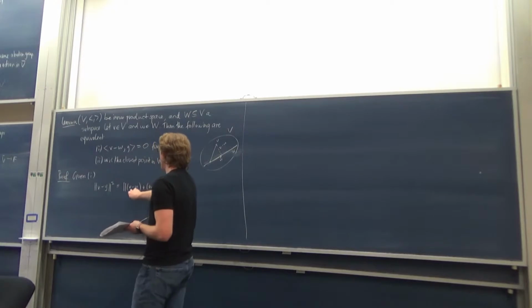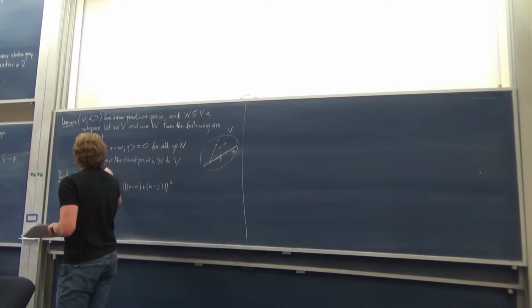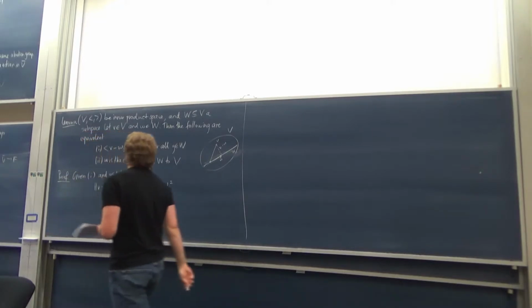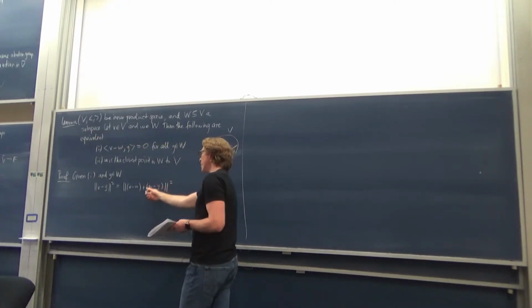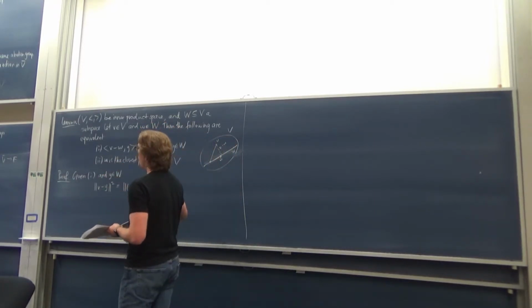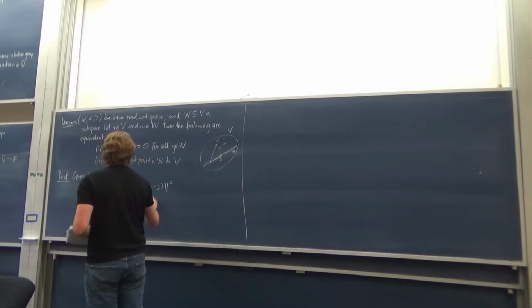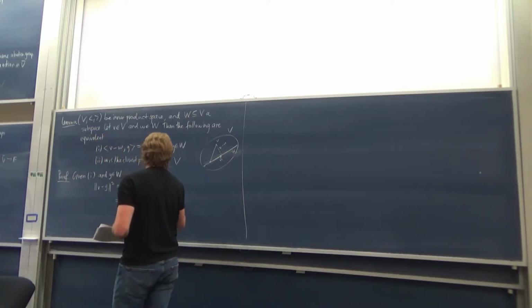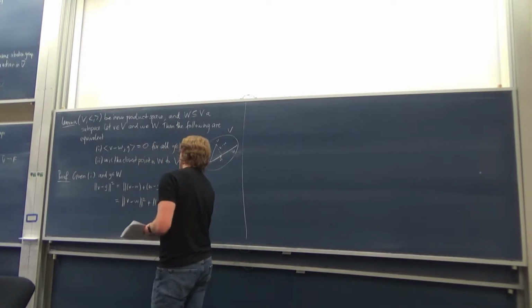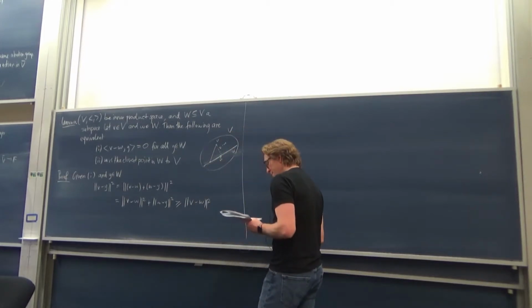Well, V minus W is orthogonal to everything in W. W is in W, and Y is in W, and it's a subspace, so that difference is in W. Then by Pythagoras, if I've got two things which are orthogonal, I can compute the length of their sum by just doing this. But that's greater than or equal to the norm of V minus W squared. So that proves 2.